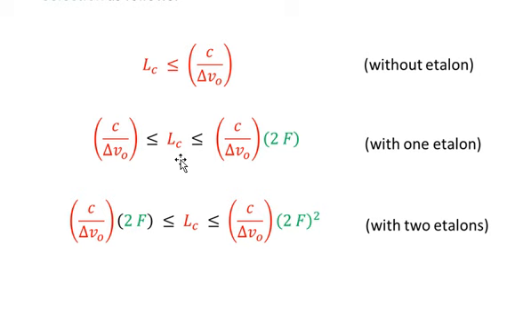Then of course LC can be increased beyond the value of C over 2 delta nu naught, up to the value of C over 2 delta nu naught multiplied by 2f. So this is with the use of a single Etalon. And if you are using two Etalons together, then you have more flexibility to increase the value of the laser cavity LC. Then LC can be increased from the value of C over delta nu naught multiplied by 2f to the value of C over delta nu naught times the square of 2f, where f is the fineness of the Etalon. So you see that this is a summary of the discussion that we have done.